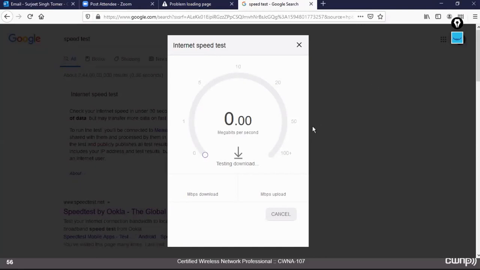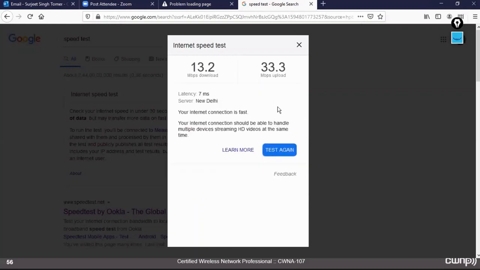Testing download is basically how much I'm getting. Right now I am getting 28, 29, and the last is 31, 32 megabits per second. For a single laptop, it's so good. You can also see the upload speed.